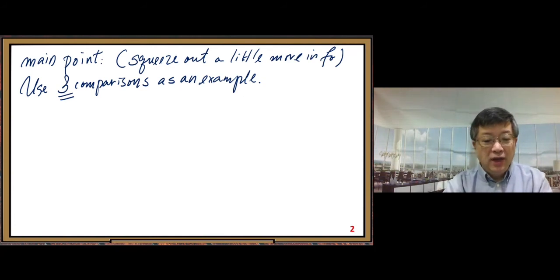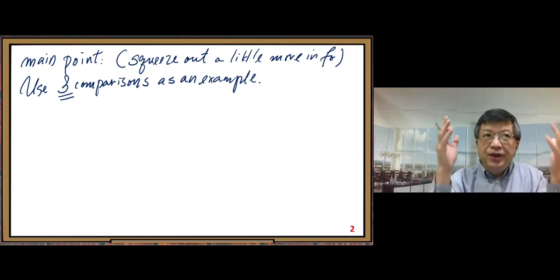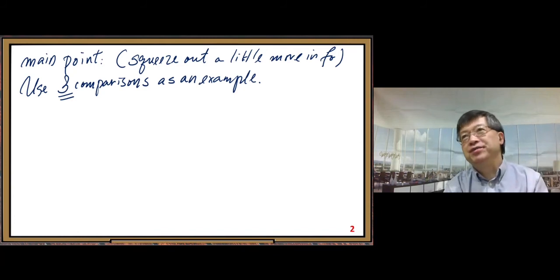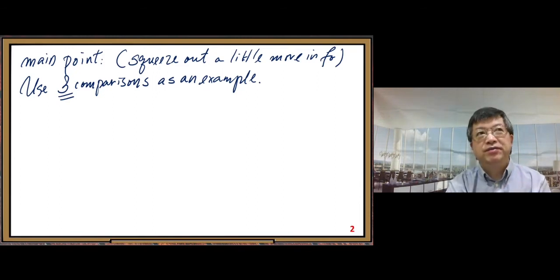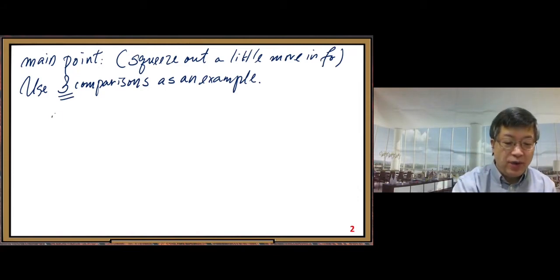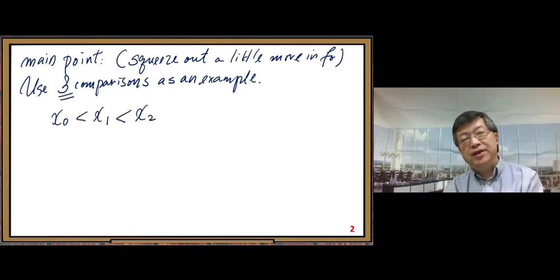Okay, all right. Here, how much can we do using 3 comparisons? Think about this. How much can we do just using 3 comparisons? Okay, my statement: we can sort the first 3 elements. Do you agree with that?